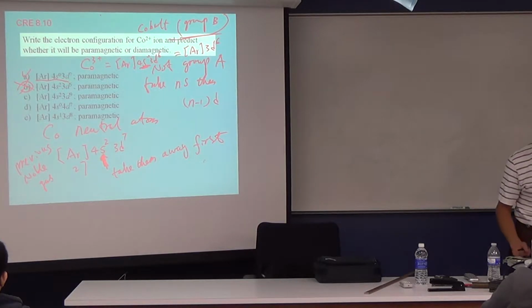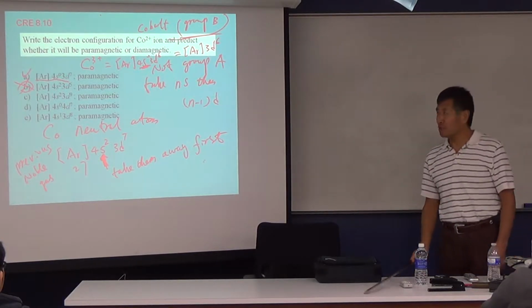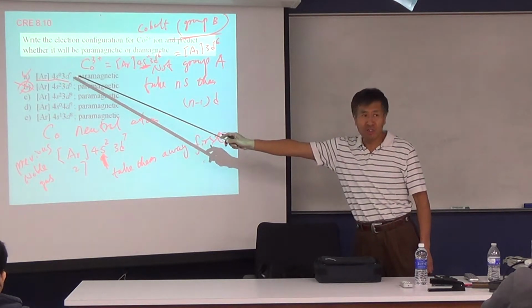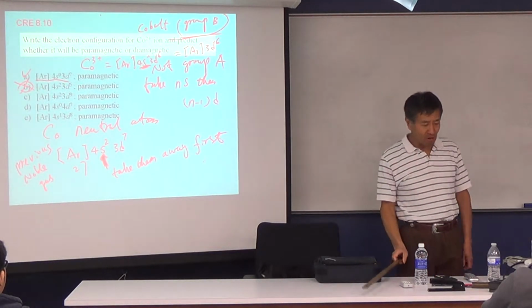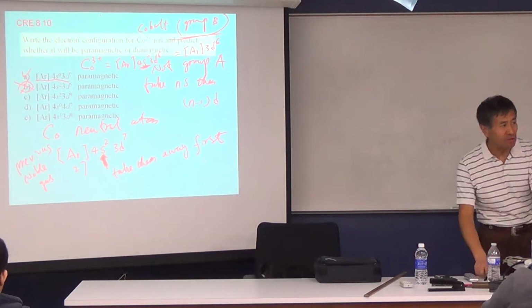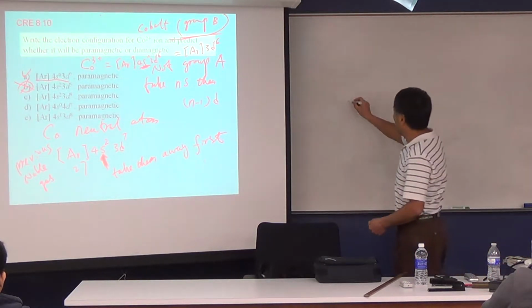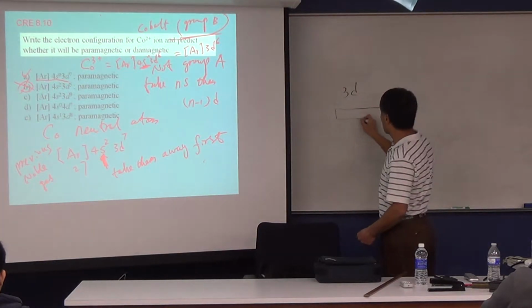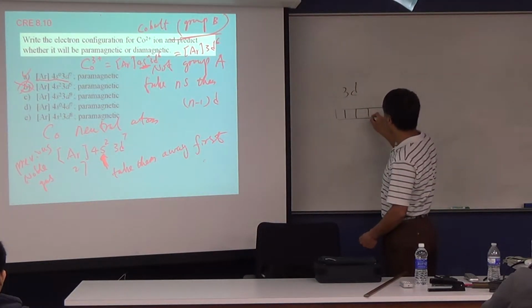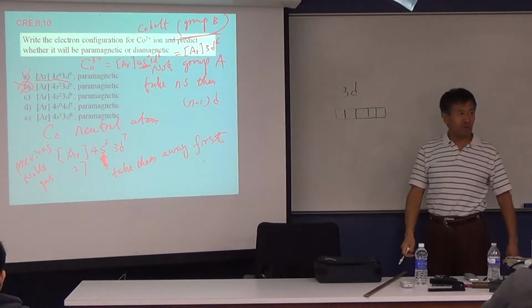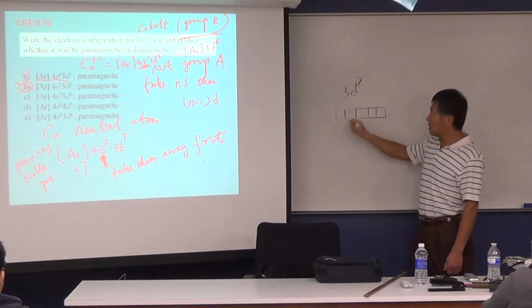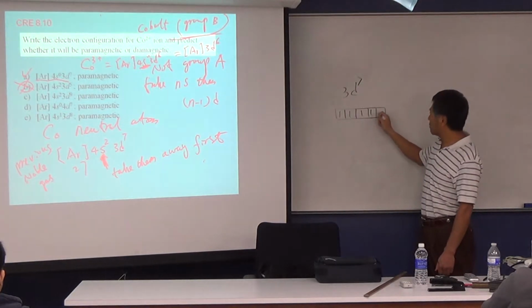Okay? Now let's finish why this is paramagnetic. If you have this 3d7, why is that paramagnetic? 3d7 means, let's see how many orbitals in those D subshells? Yeah, 1, 2, 3, 4, 5. So you have 5 squares, right? So you have a 3d7, and just put 1 electron in each first.